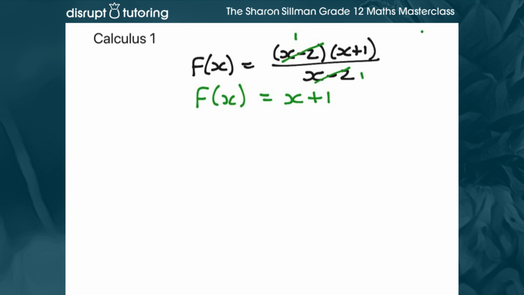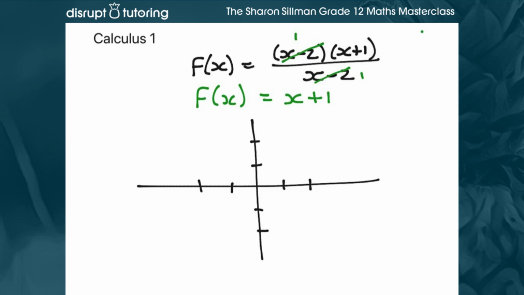So let's draw this function on the board and have a look at it. So if we have the function y equals x plus 1, that means it must have a y-intercept of 1. If we find the x-intercept, we'll find that that is minus 1.